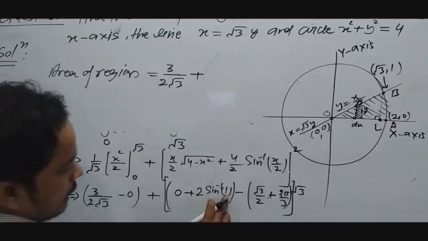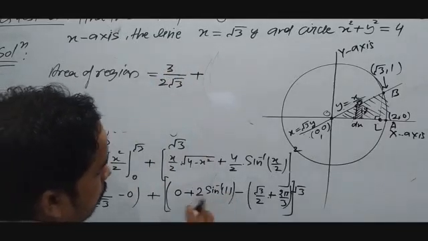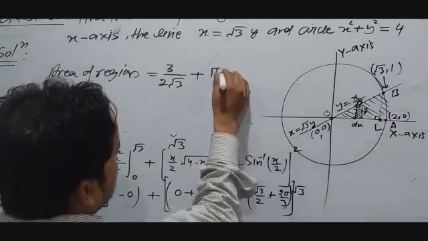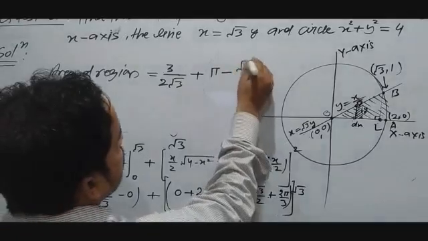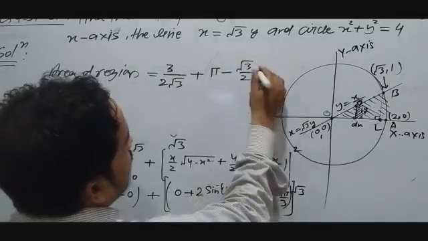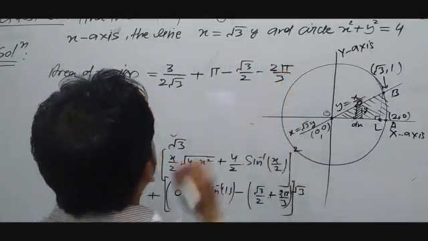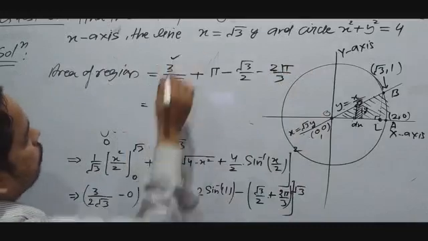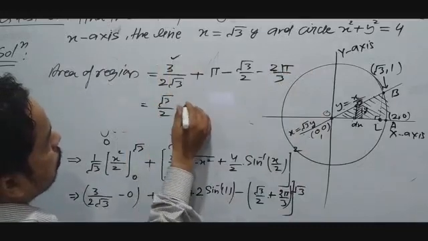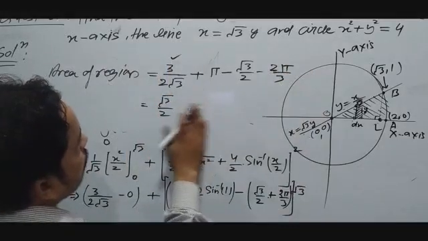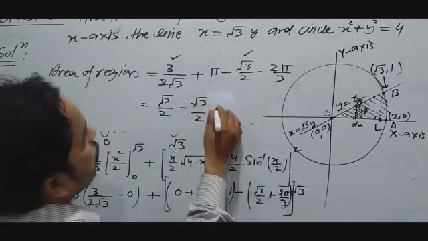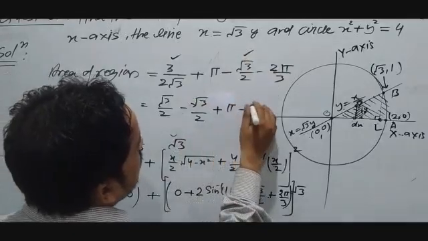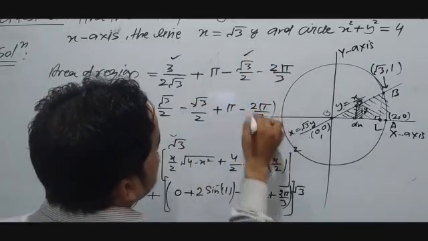So sin 90, sin pi by 2, sin inverse result will be pi minus this calculation minus root 3 by 2 and minus 2 pi by 3. This calculation goes to root 3 by 2 plus or minus root 3 by 2 this calculation plus pi minus 2 pi by 3.